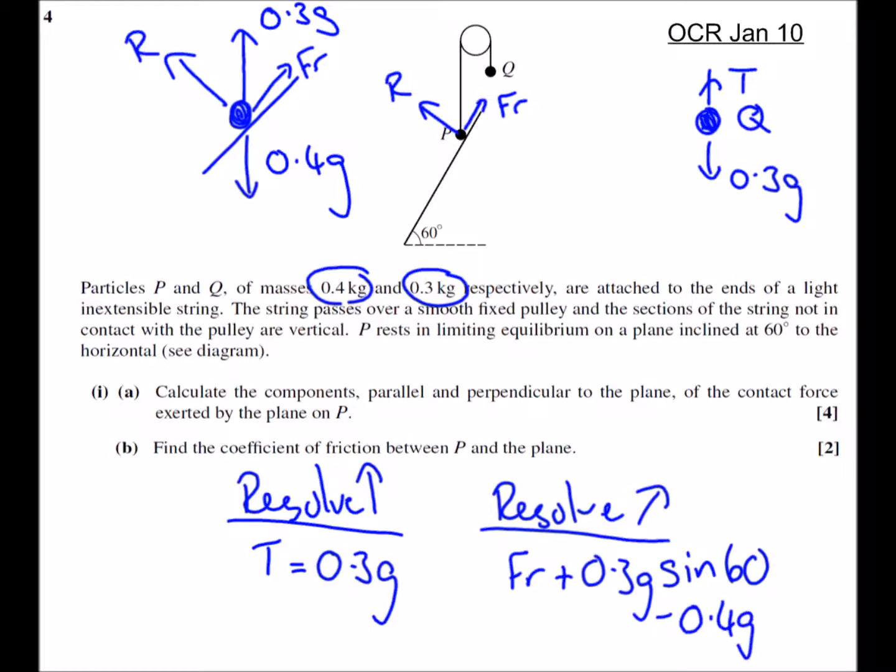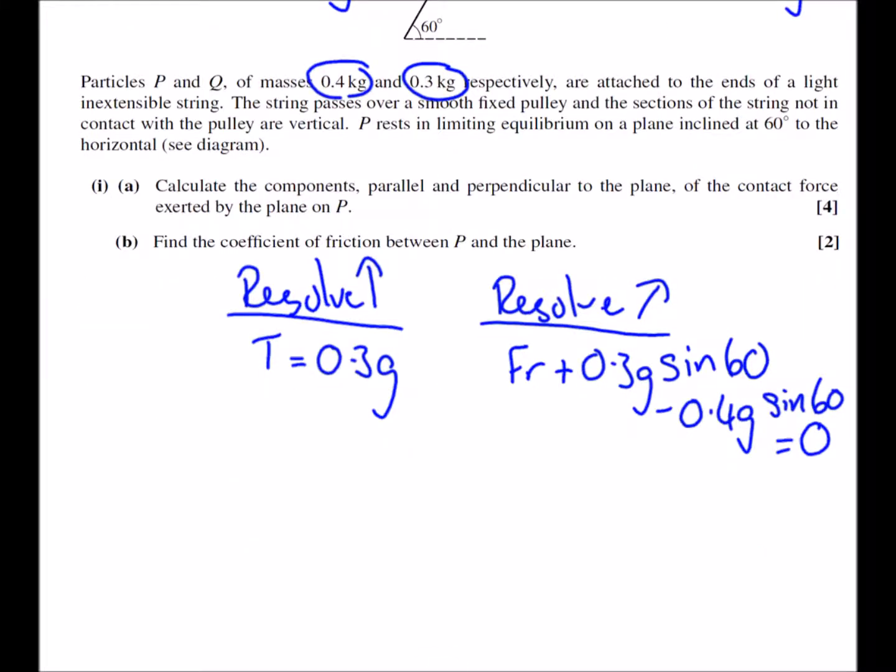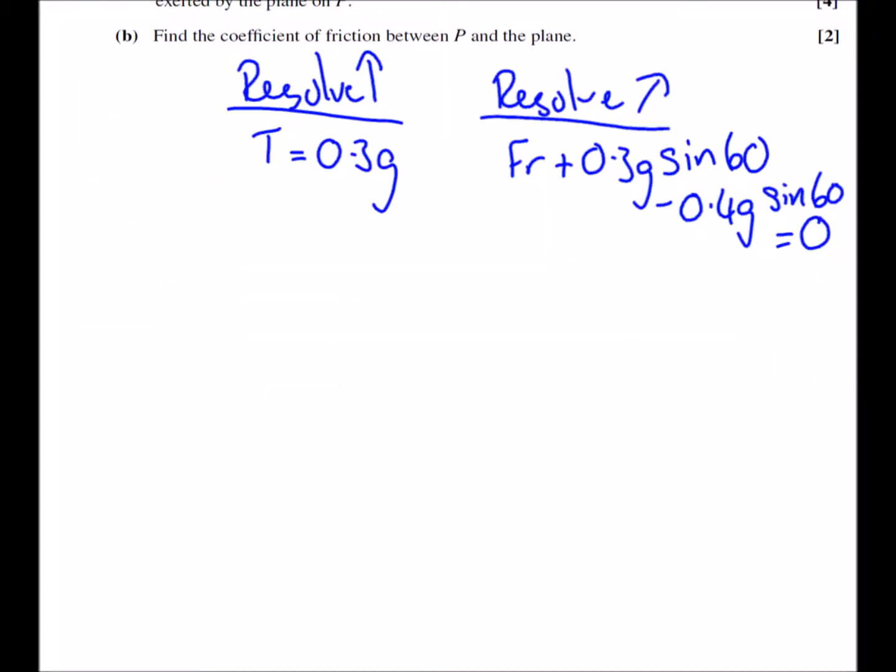And is that going to be cos or sine 60? Make the angle 0. I don't want it, so it's going to be sine 60. And this is equal to 0. Obviously, when you're doing it, you're going to space out your work a little bit better than me. And now I can just put this into my calculator and it comes out as friction being 4.8487 newtons.